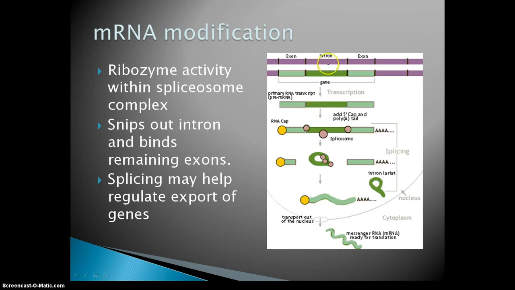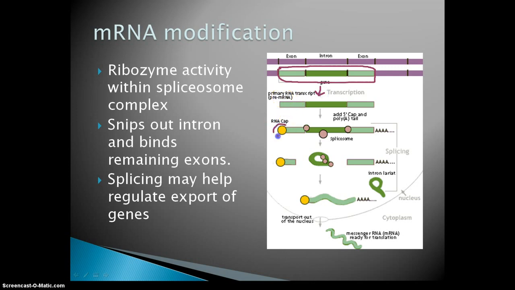Now, if you take a look over here, you've got your transcript up here, all right? So this green, what I'm circling, is what's been transcribed by the process of transcription. So transcription pops this out of the DNA, and we've got our pre-mRNA, our primary transcript.